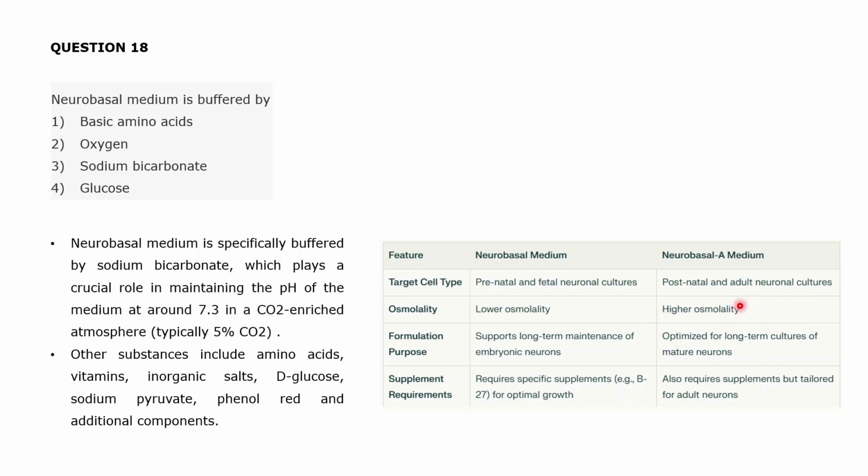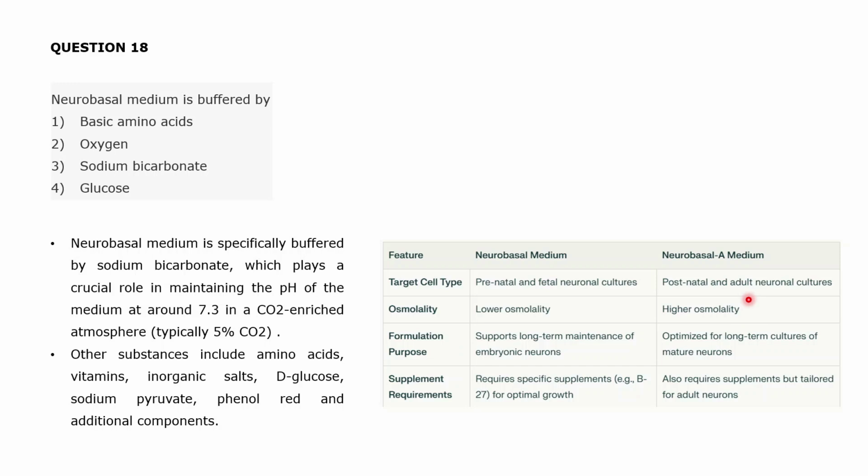Basically, the level of sodium chloride is small, which might be changing the osmolality level there. Because for growing fetal neuronal cells, in comparison to adult neuronal cells, the osmolality of the media that is required is 215 or 220 milliosmoles. In the case of neurobasal A media, which is used to grow adult neuronal cells, the osmolality is much higher.